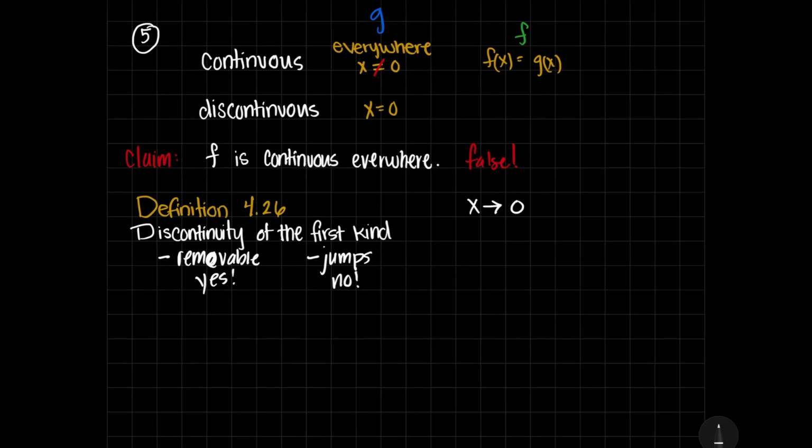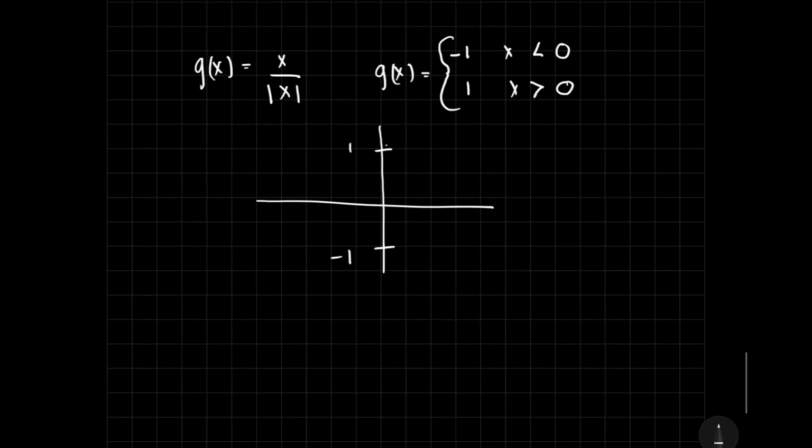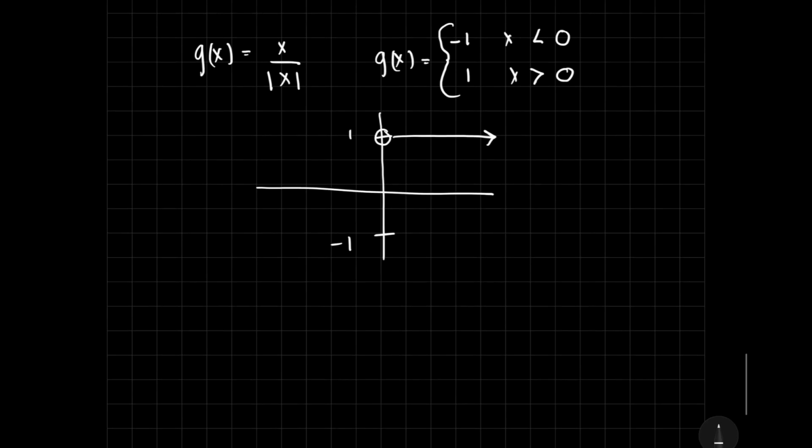Let's look at an example. Let's say we have g of x equal to x over absolute value of x. That means g of x is going to equal 1 or -1 at certain places, like when x is bigger than or less than 0. Visually, we have a graph. We have 1 and -1 that cannot equal 1, cannot equal -1.